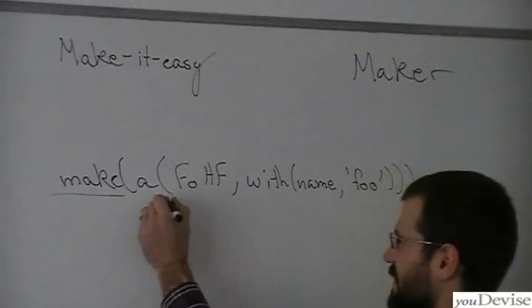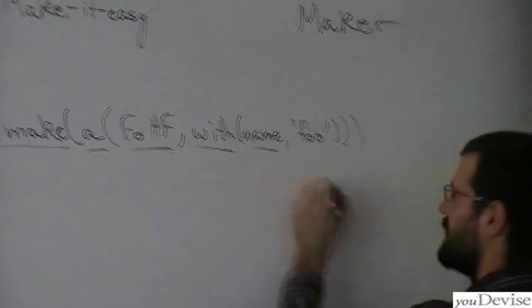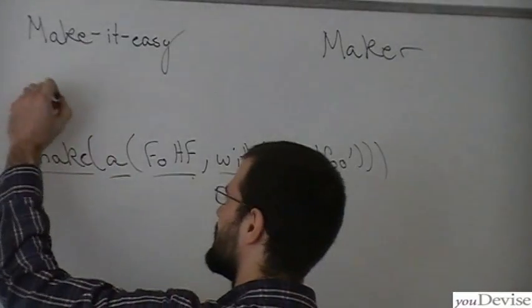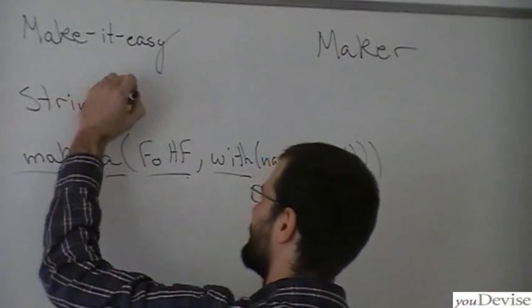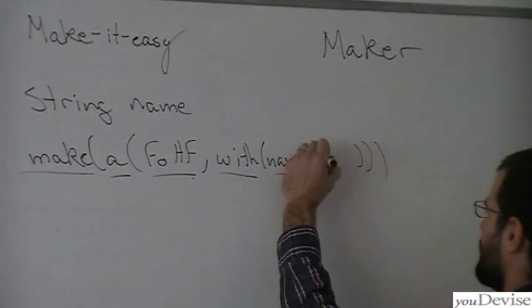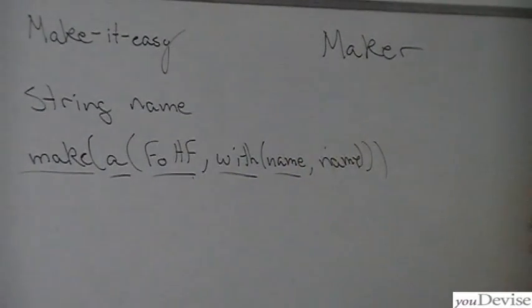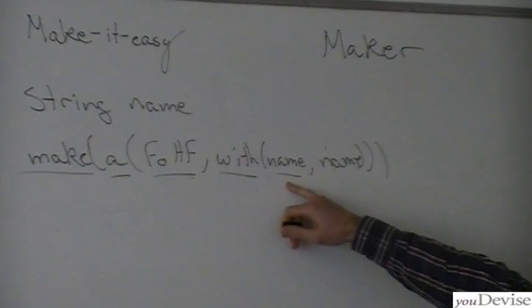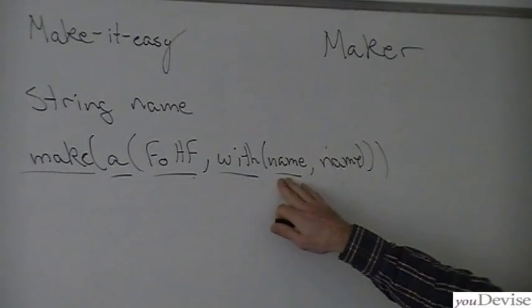I've now got make a fop with name all in my namespace. Hopefully I didn't have that up above and want to write it. Plus, the more you do this, the more words are going to come into your namespace. Probably very common words for the various properties that you're going to have.